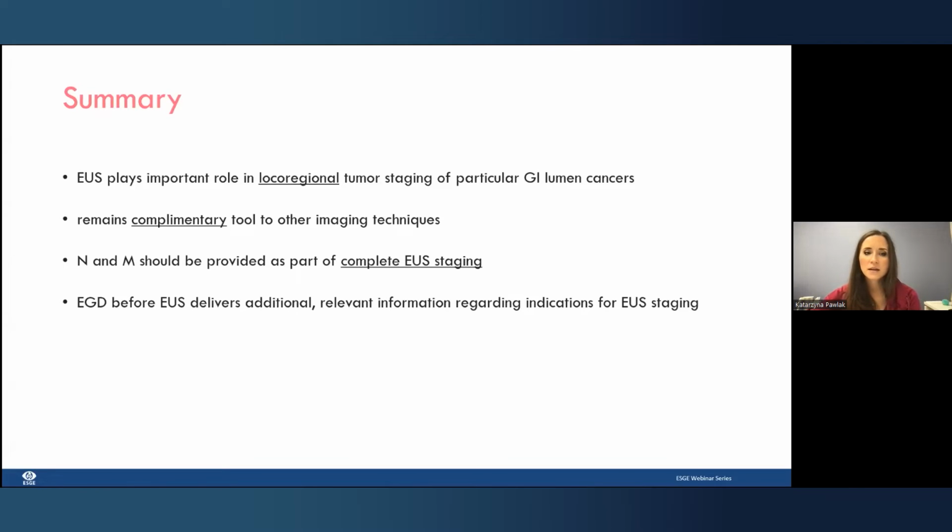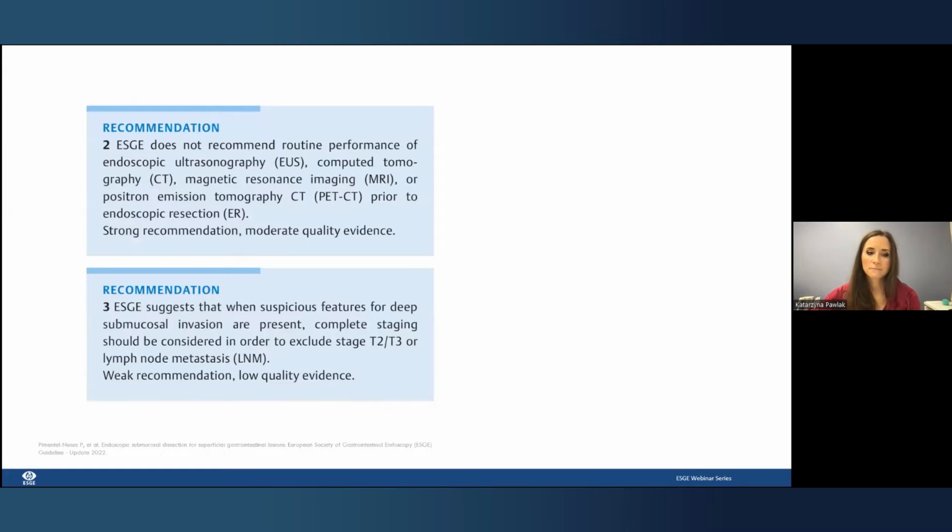And I think if we want to provide a complete EUS assessment, if we provide EUS, then we're supposed to also assess eventual lymph nodes and metastases. But what's also important is that EGD should also be performed, because EGD will deliver information on whether EUS is indicated or not. So that's it. Thank you so much for your attention. I hope that was useful.